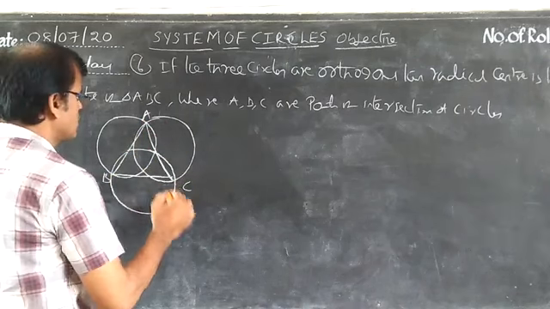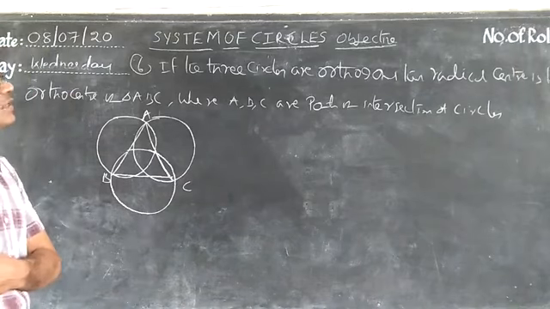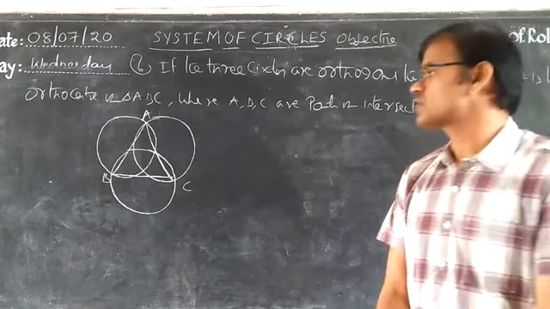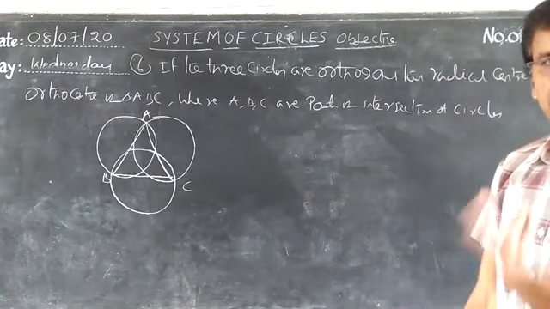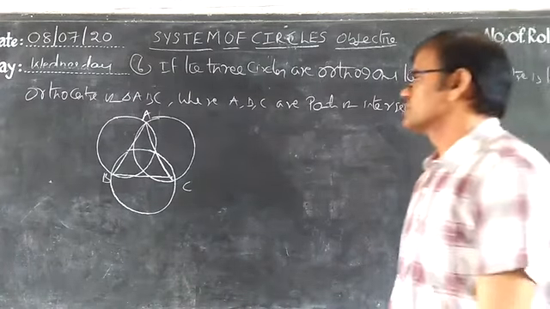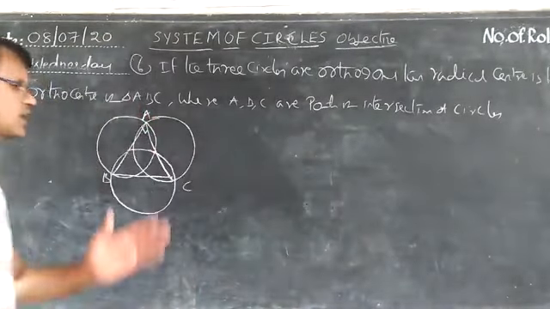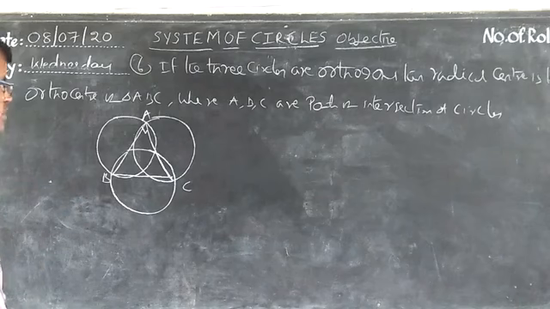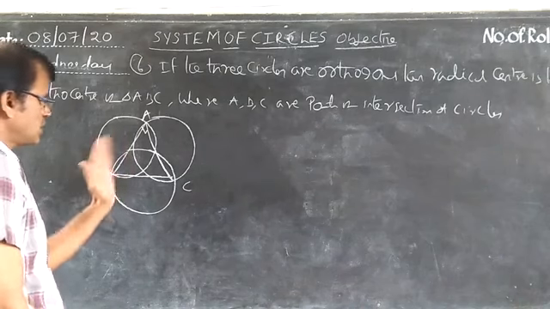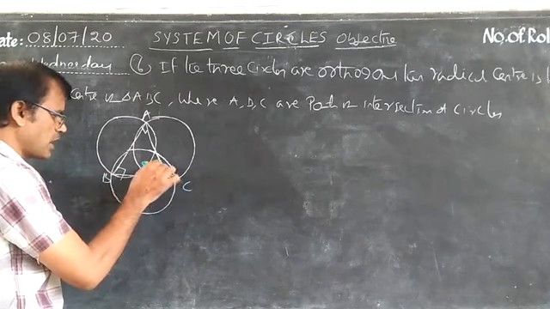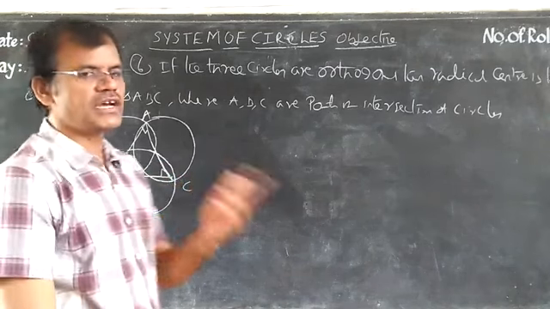Whenever the three circles are orthogonal, the line should be a diameter. So the perpendicular condition we can say here is the angle in a semicircle is 90 degrees concept. So here it is 90, here it is 90, here it is 90. So the diameter should make the 90 degrees concept.